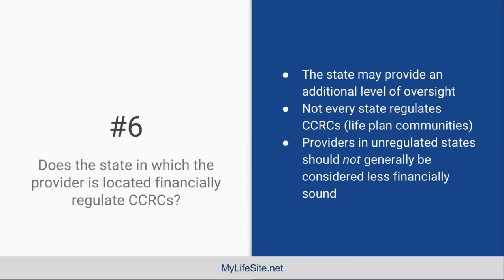But you do know there's another set of eyes looking over that. A lot of times, if the state sees a community that's not meeting their requirements, they may have them on their own internal watch list. That's certainly not something they're going to share with consumers, I don't believe, but they have a way of keeping an eye on this and maybe putting certain communities on notice if they're not meeting these different financial requirements.